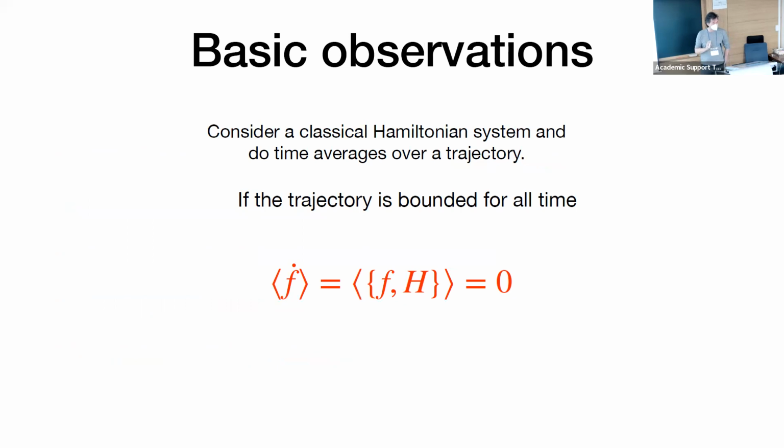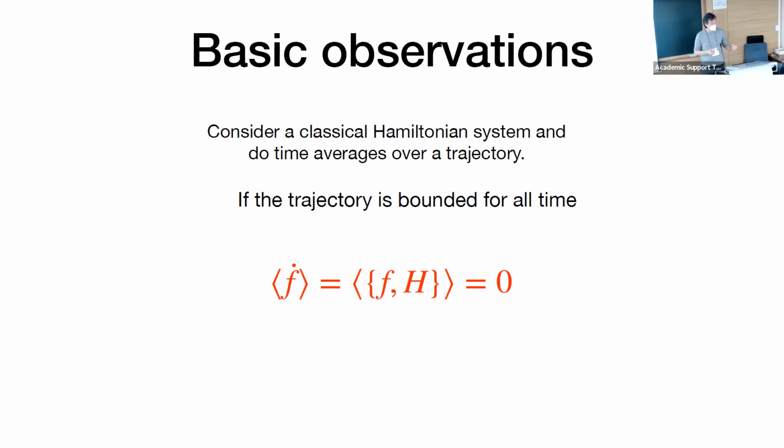Okay, so the basic observation is, let's do it in classical physics first. If you do time averages over a single trajectory, and if the trajectory is bounded for all time, you can show that the expectation value of a total derivative vanishes. And then in Hamiltonian structures, this is usually written as an expectation value of a Poisson bracket being 0.